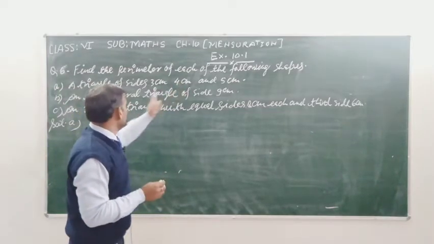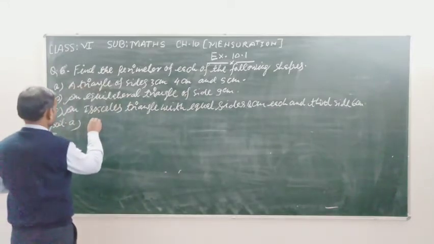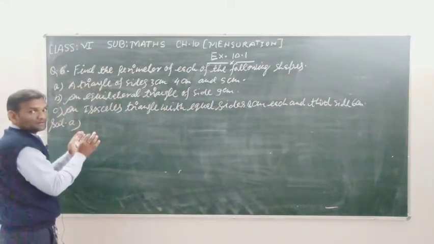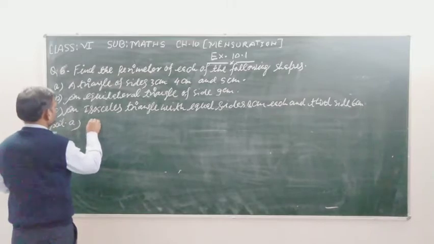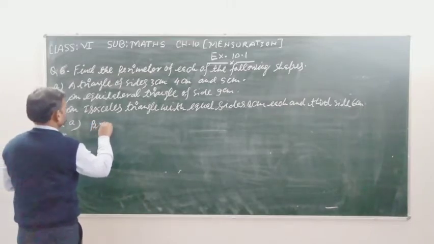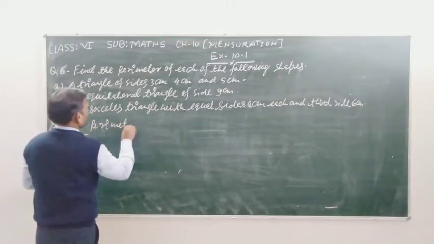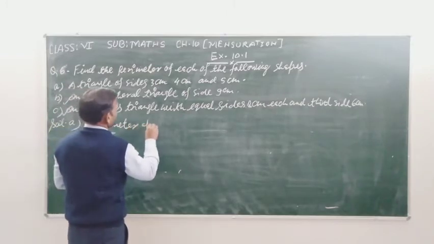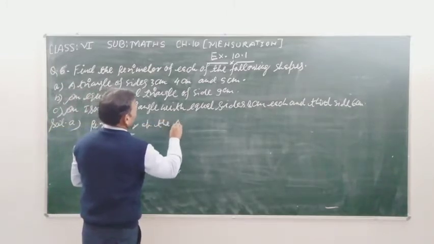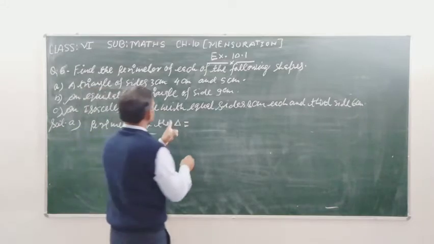So perimeter of the triangle, in one line we are solving it, is equal to the sum of all sides.